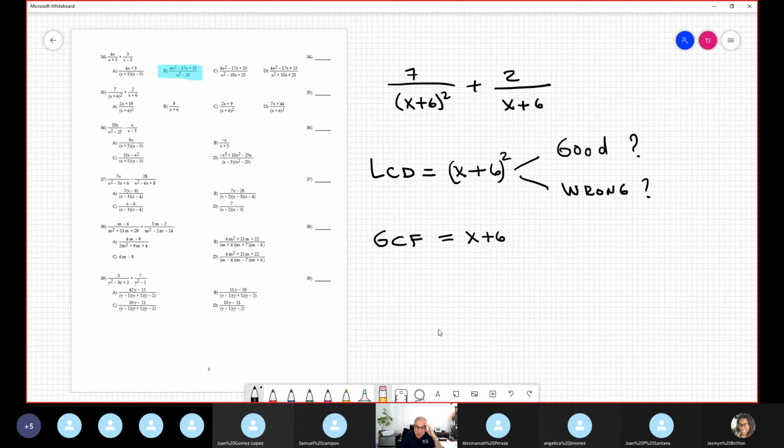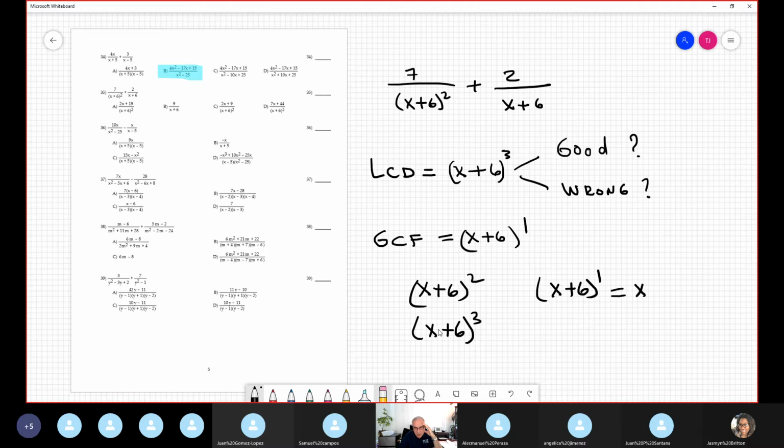Well, professor, what is the reason I don't take 3, because we have 2 plus 1 is 3? What do you think? Is it 3, or 2, or 1? We have 3 possibilities: x plus 6 squared, x plus 6 cubed, wow, or x plus 6 without power, which is 1, and by the way is again x plus 6.